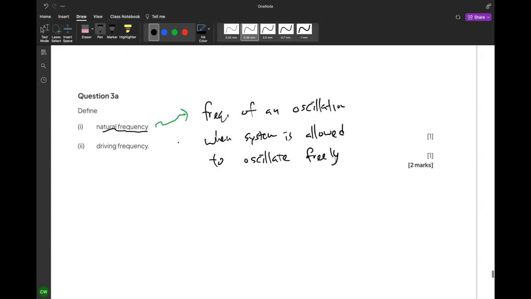Okay, what is a driving frequency? Let's hear from Zhisan. How do you describe driving frequency?